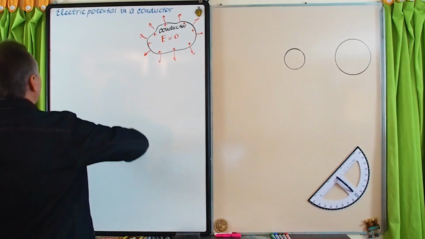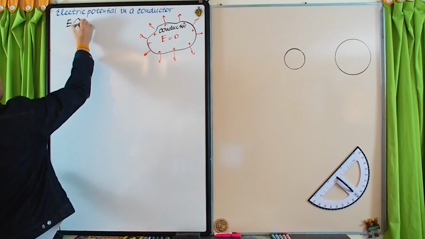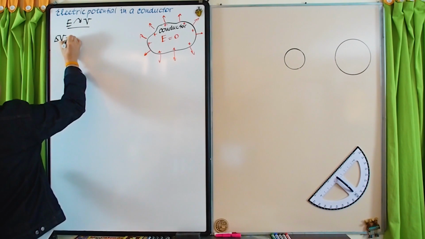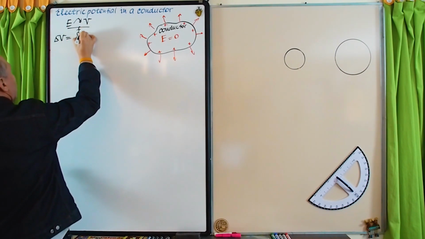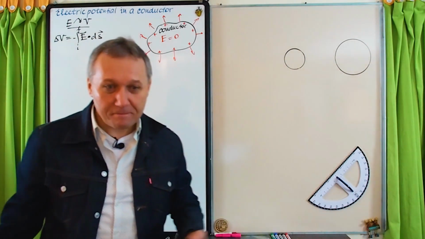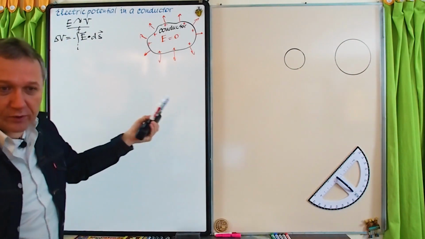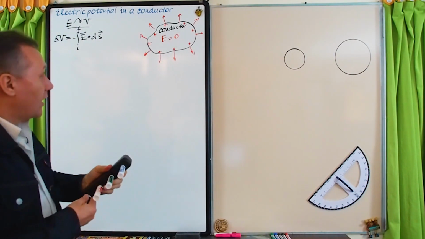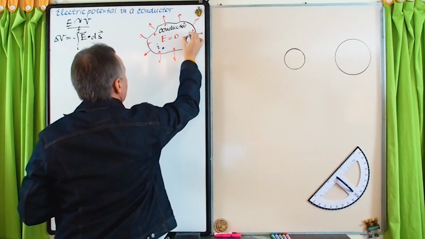And that formula, delta V equals minus integral from some initial point to the final point, E dot ds. That's the most general form of that formula. Any initial and any final point can be used. It's basically universal. So let me pick a completely arbitrary one here: let's say this is my initial point and that is my final point.